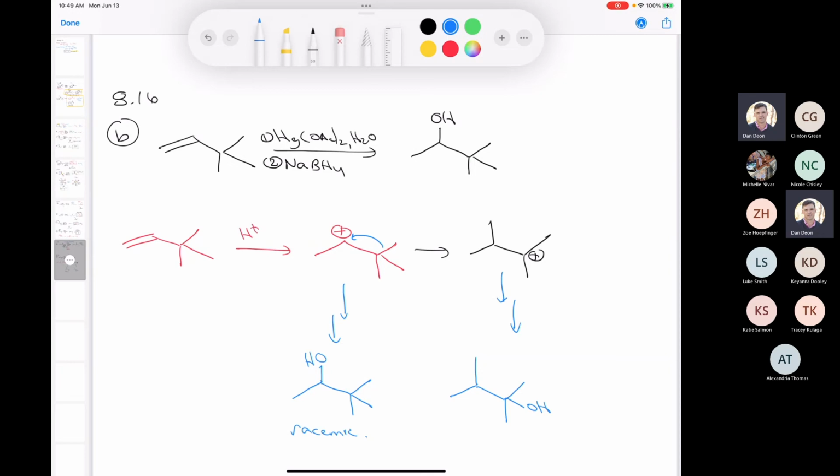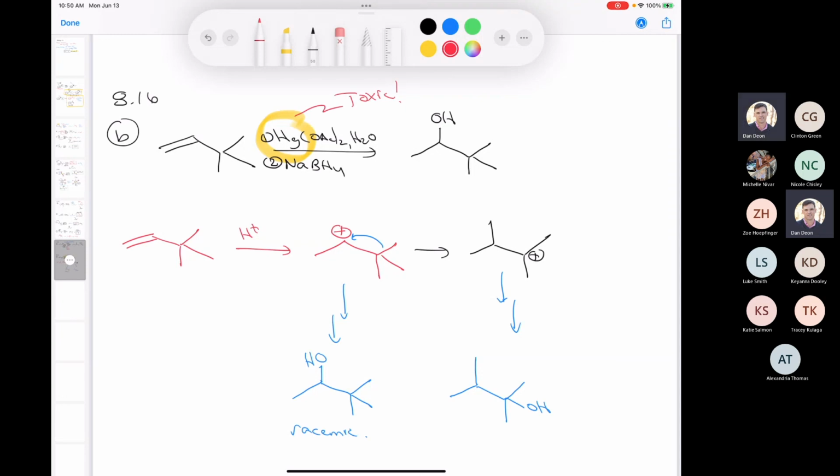Why would that be? Well, a few reasons. But I'd say the major reason is that we want to avoid using mercury at all costs. Why? Because mercury is toxic. And if we can do any reactions and avoid using toxic chemicals, we will.